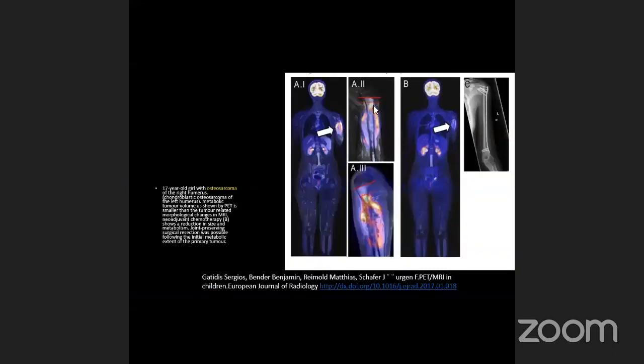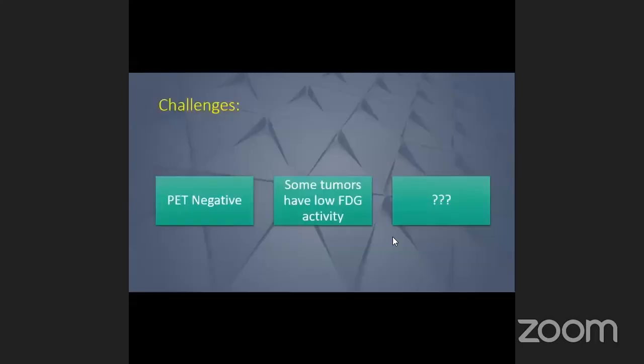For example, here the morphology gives you on MRI that the borderline is here, but the uptake and metabolism is here. So sometimes there are different borders. For example, in this lesion, which is proven to be osteosarcoma in the left humerus.